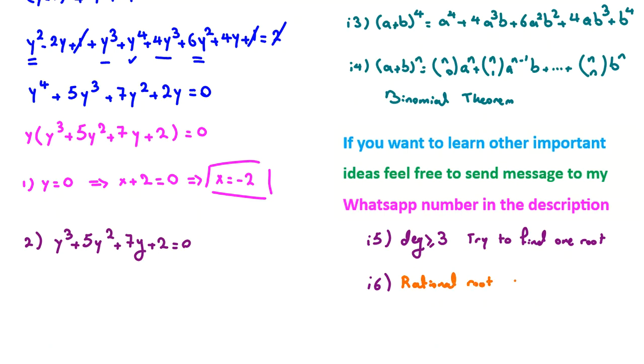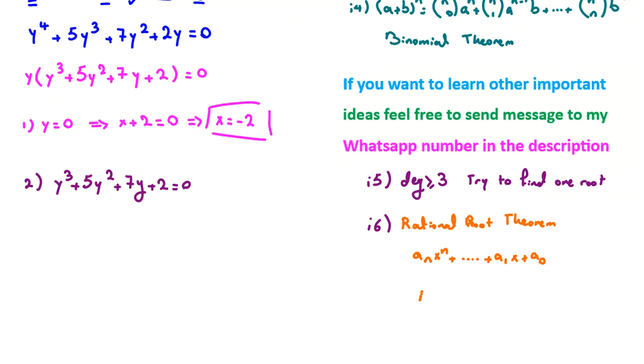It says, if we have a polynomial like this, a_n x^n and so on, and it has a root p over q, then p is a factor of a0, and you can prove this as homework, and q is a factor of a_n.